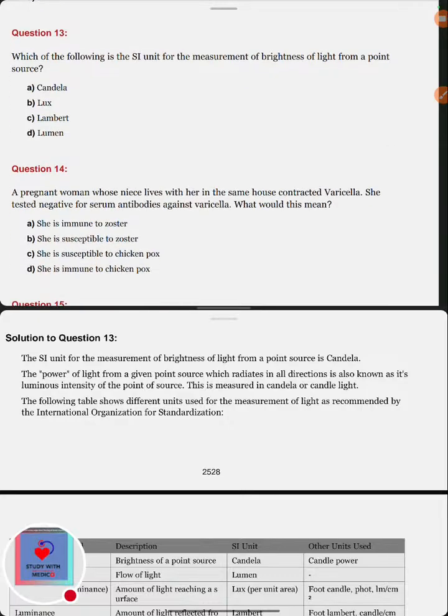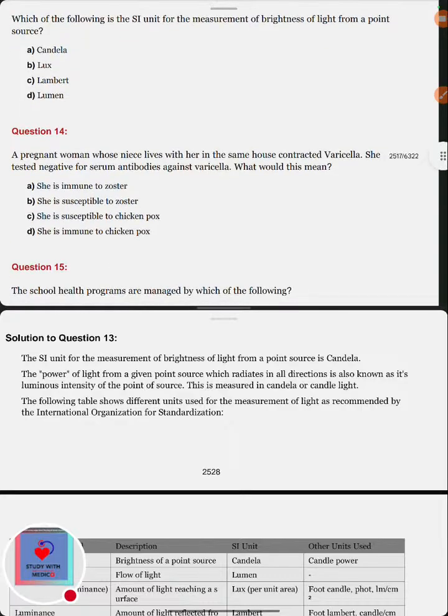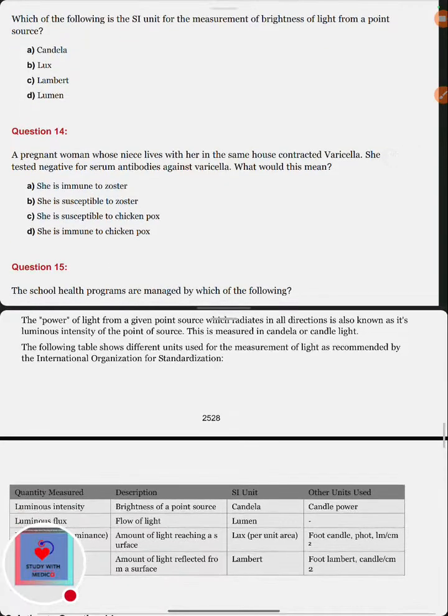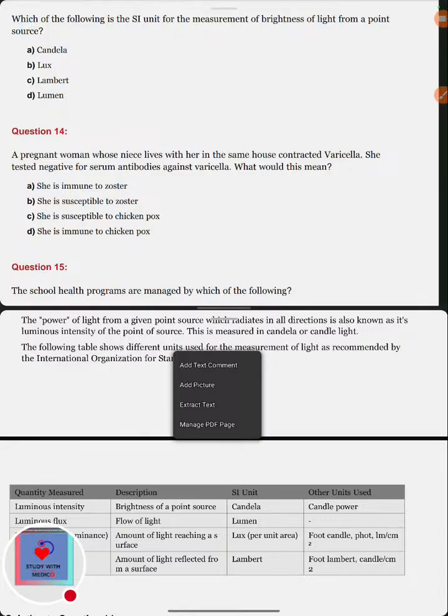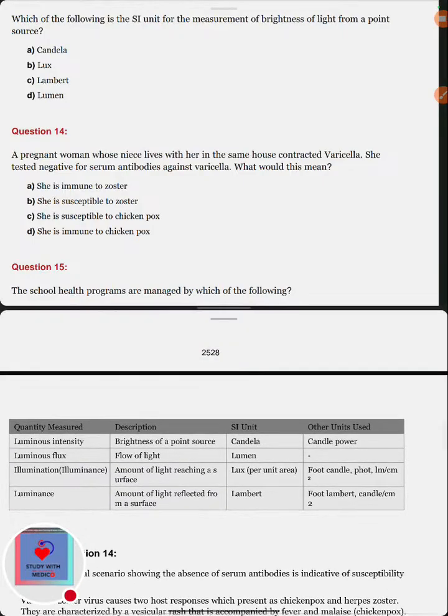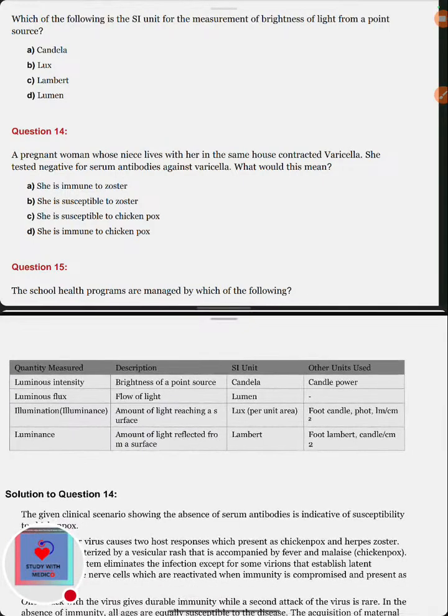Power of light from a given point source. A pregnant woman whose niece lives with her in the same house contracted varicella. She tested negative for serum antibodies against varicella. What would this mean? Negative for serum antibodies means they are not there.